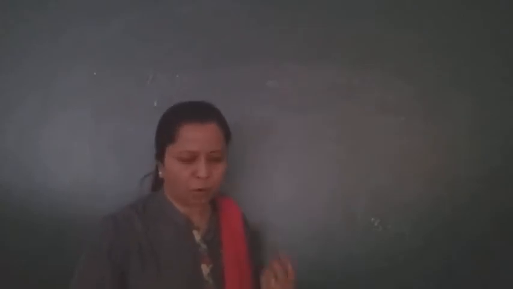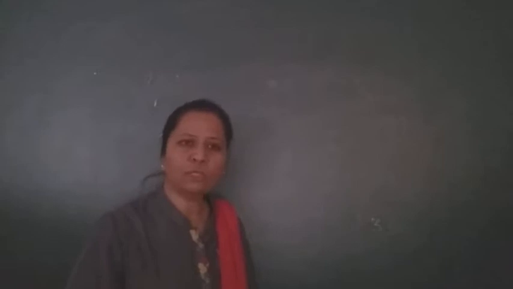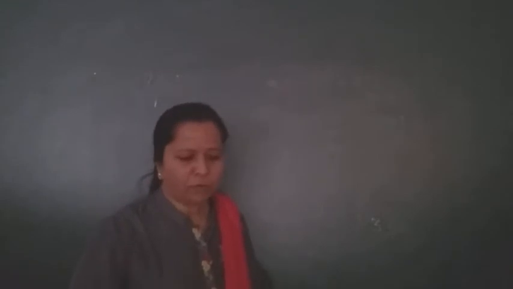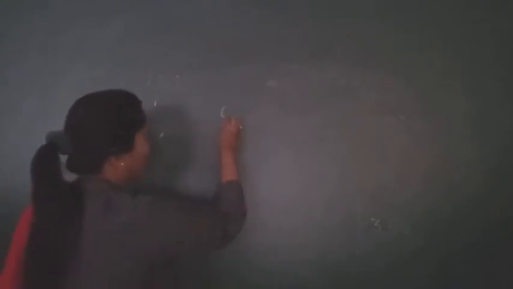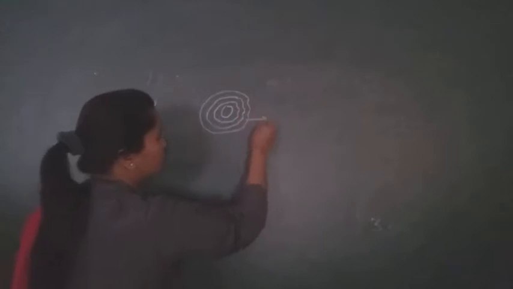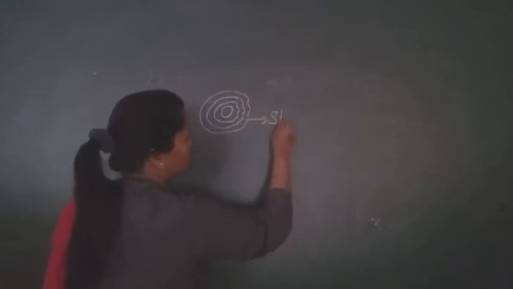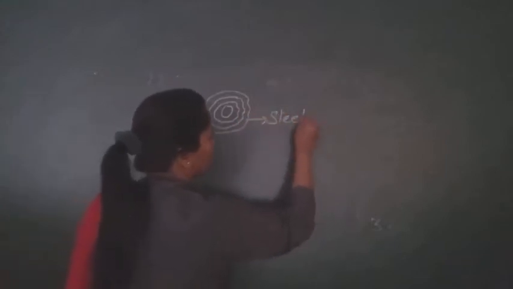The shape of the land or the contours are because of the landforms that have been formed. I told you in my previous lecture also, if the contour lines are very close to each other, it proves that these are steep slopes.